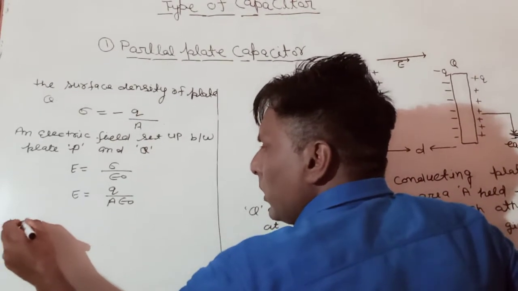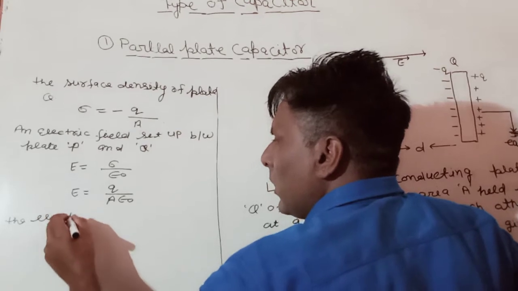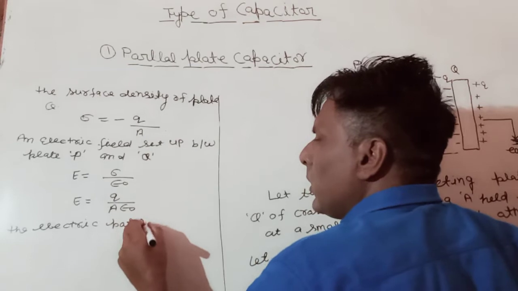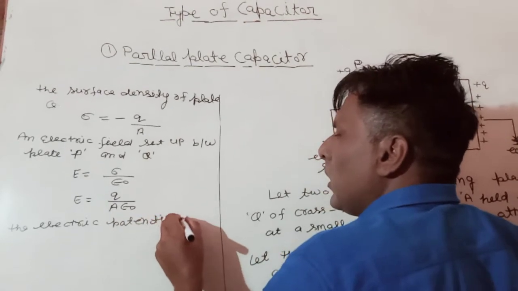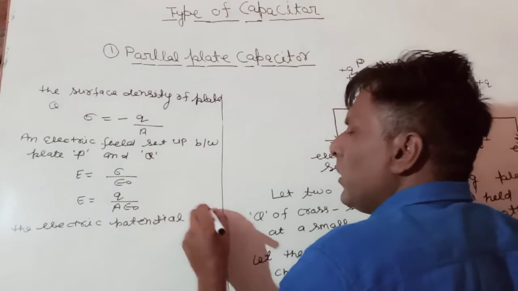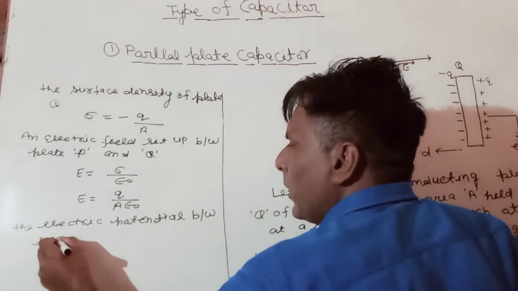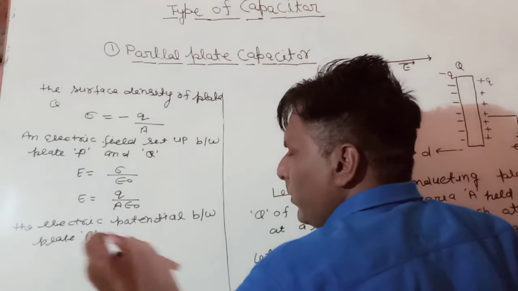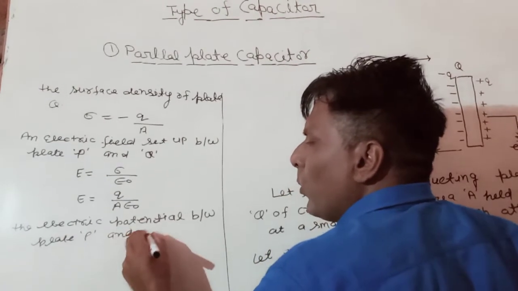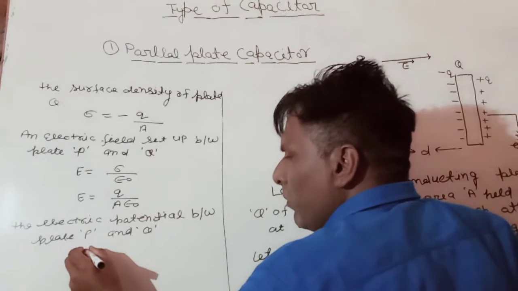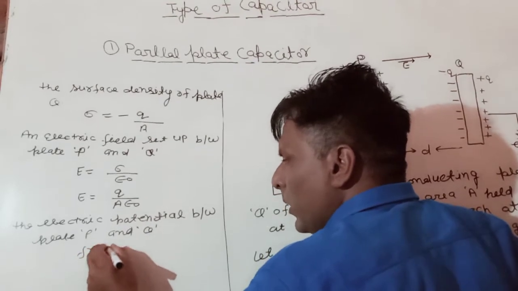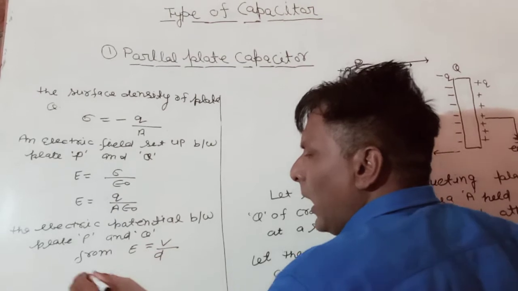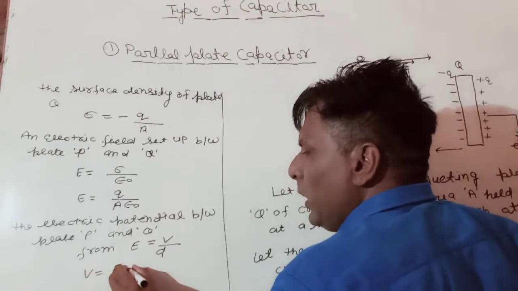The electric potential between plates P and Q: from E is equal to V by d, or V is equal to E into d.